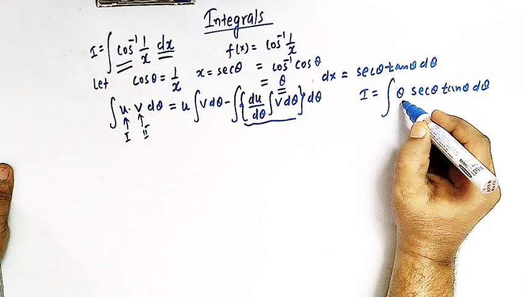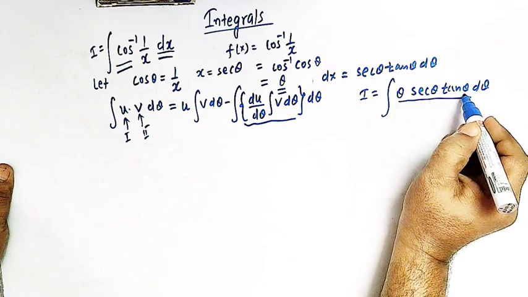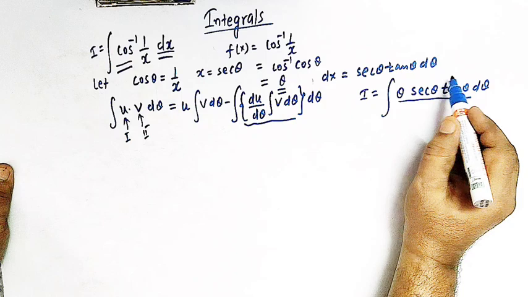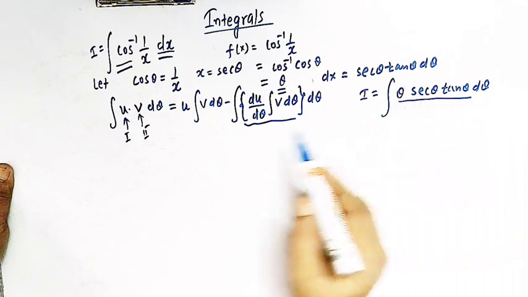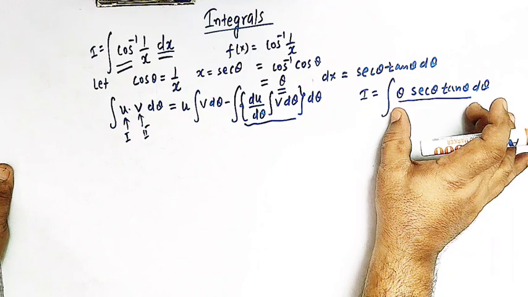So now here our integrand is theta times secant theta tan theta. So what we will do, let us frame u and v from this function.